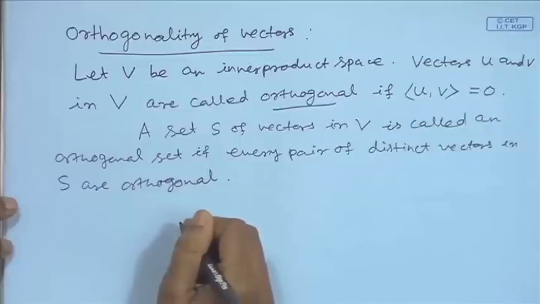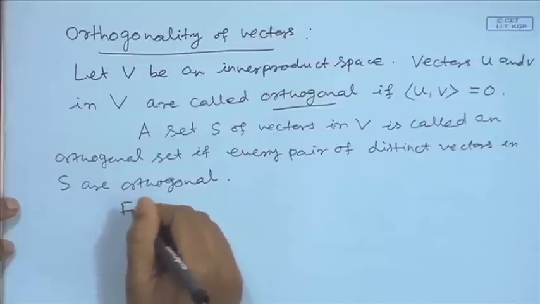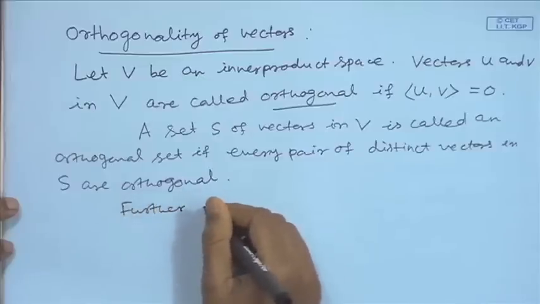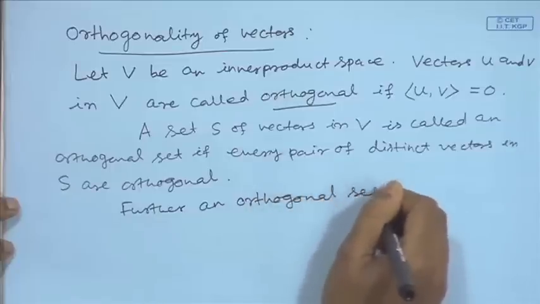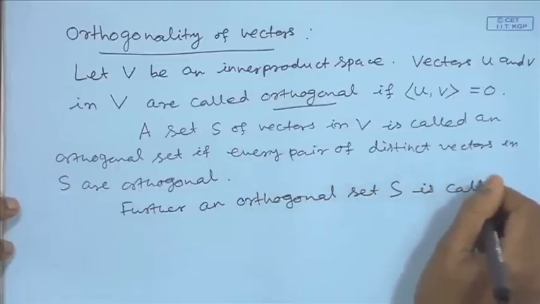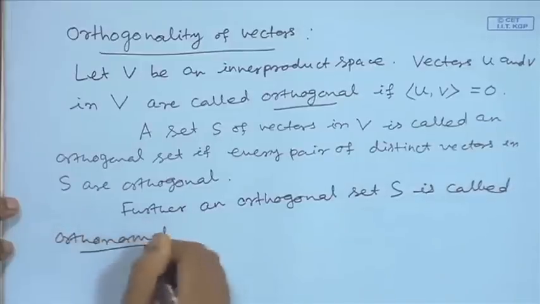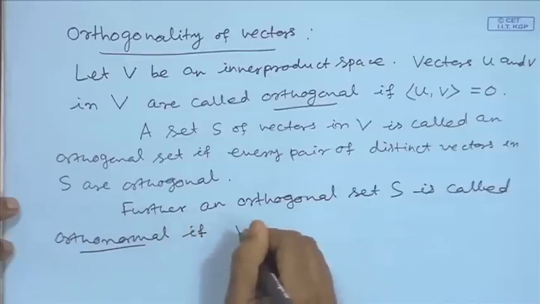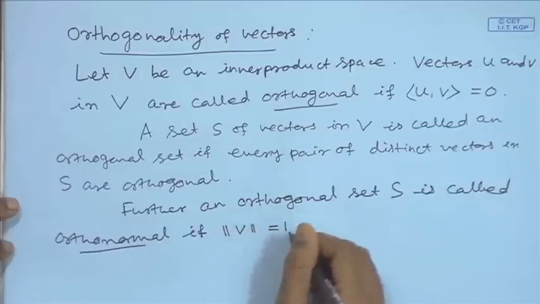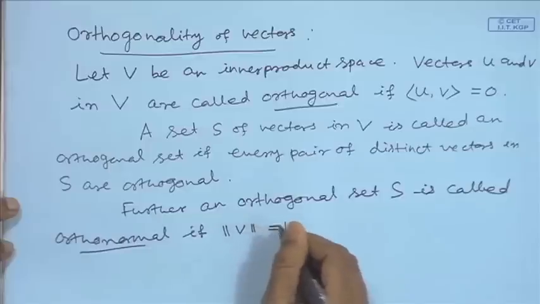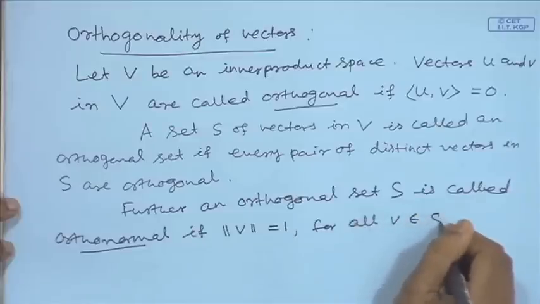Further, an orthogonal set S is called orthonormal if the norm of every vector is equal to 1 in this set S, that is, if norm of v is equal to 1 for all vectors v in S.